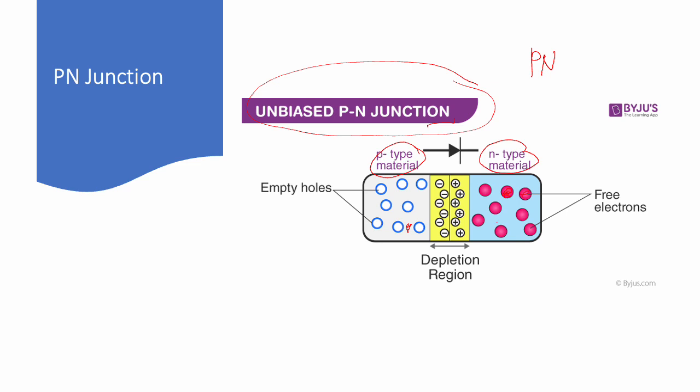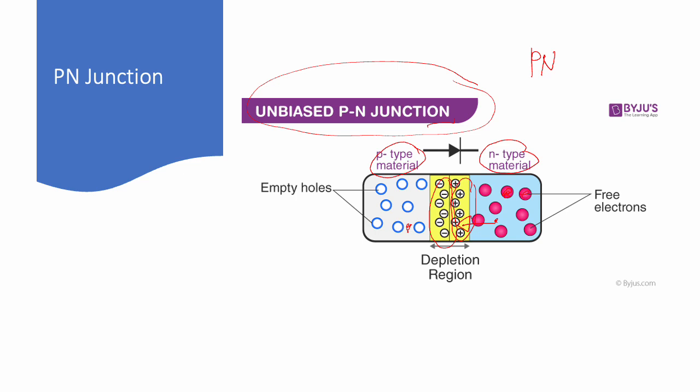As electrons from the n side move into the p side and combine with holes, they create negative ions in the p side and positive ions in the n side.